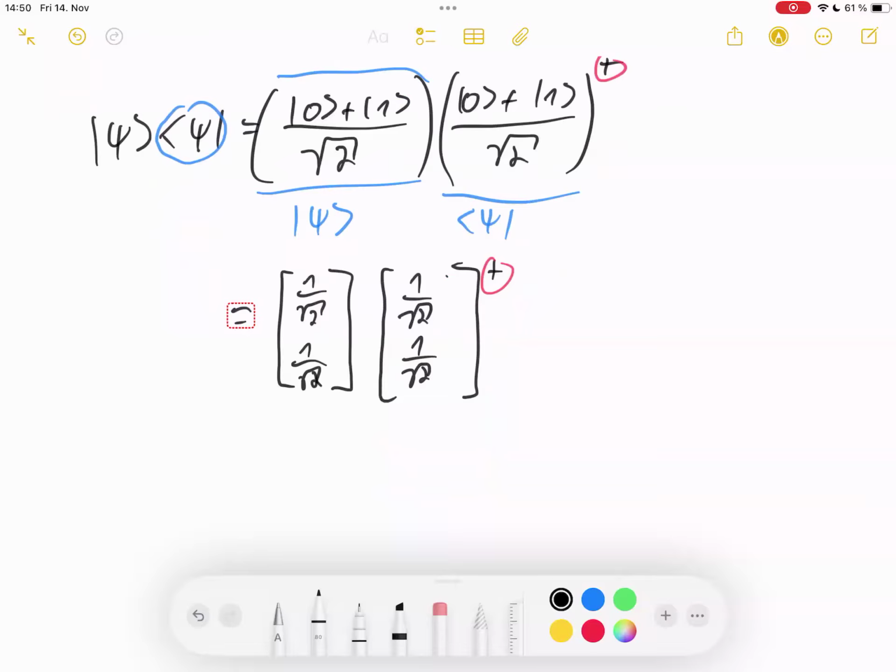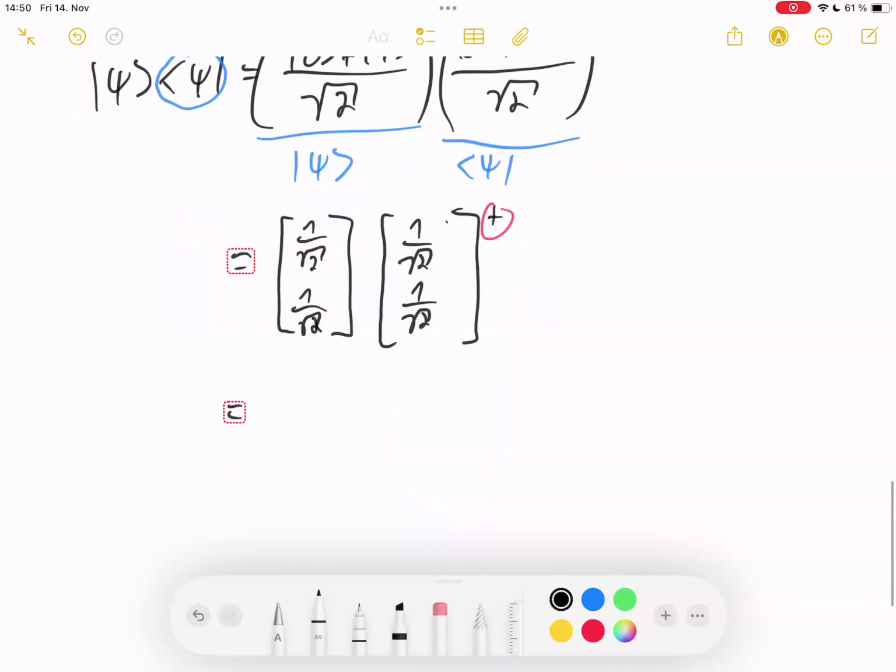So the adjoint transposes this vector, and it also calculates the complement of the complex numbers, but these are just real components of the complex number. So the values don't change, but we have the 1 divided by square root of 2, 1 divided by square root of 2, and eventually this one here would just transpose this column vector into a row vector.